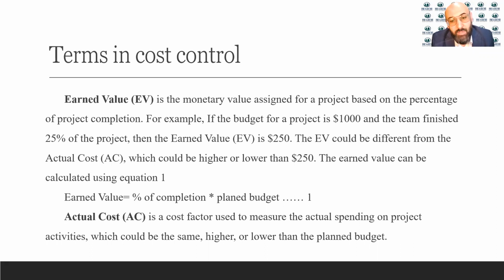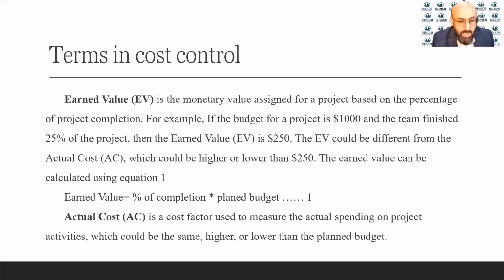So the earned value is 250. The earned value should be different from the actual cost. The actual cost, once you look into the spending, might be higher or lower than 250. So if we need to summarize the earned value in an equation, the earned value would be equal to the percentage of completion for a project times the planned budget.